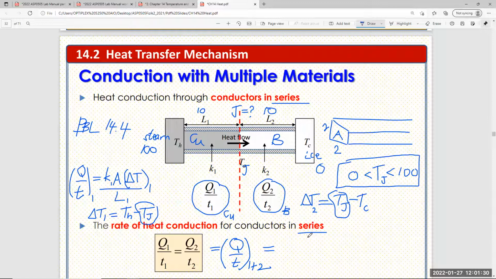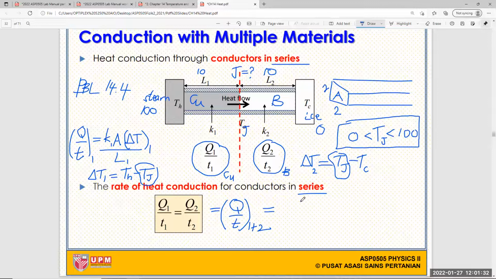You may think of some equation after this. The equation can be written like this, because for both of them you have a formula combination, and similarly you have A there. You can refer to the notes in your module. Actually, delta T here is not T1, T2.